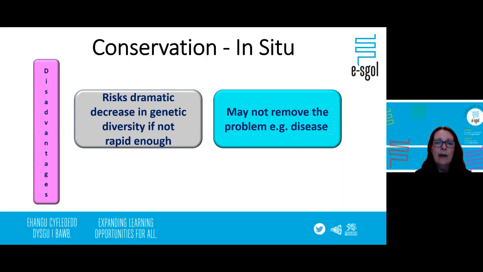If we don't carry out conservation fast enough, then the genetic diversity within that particular area decreases. That means there is a problem for those organisms in terms of reproduction and then possible extinction.